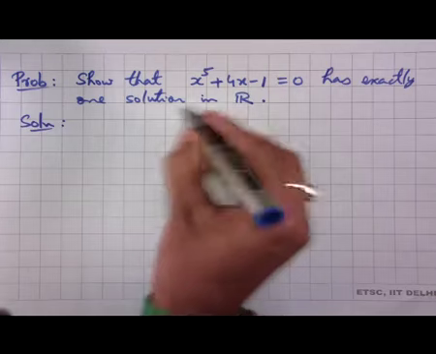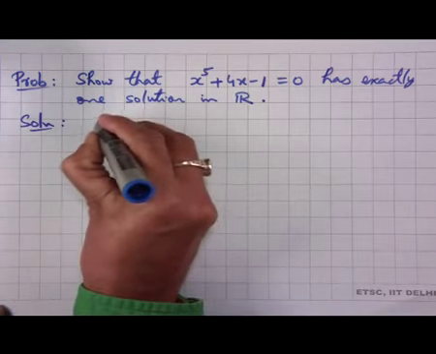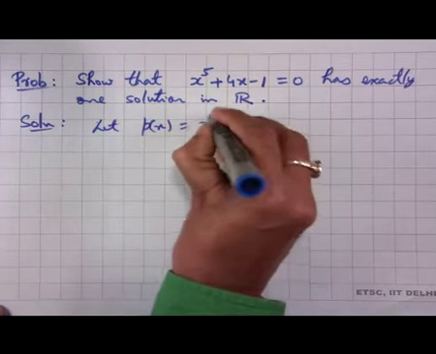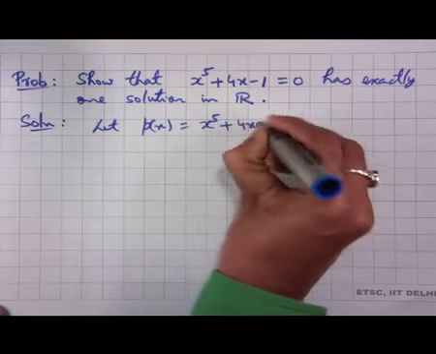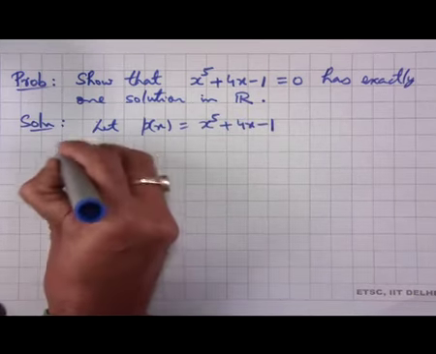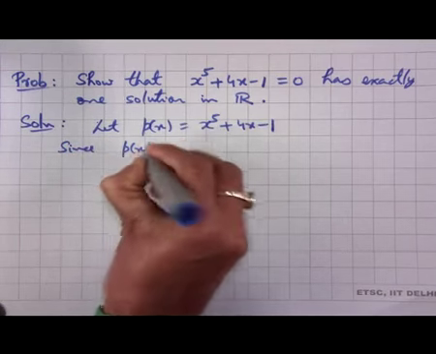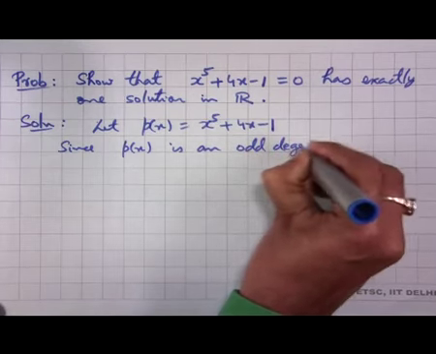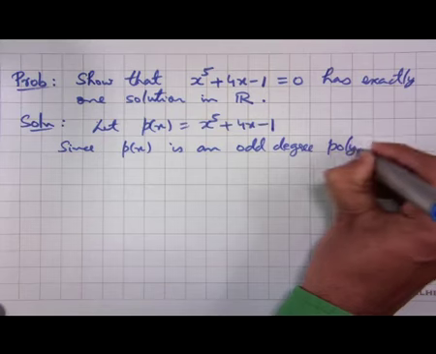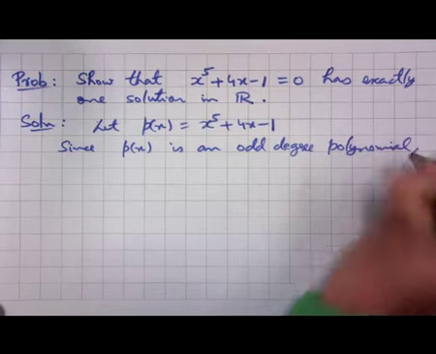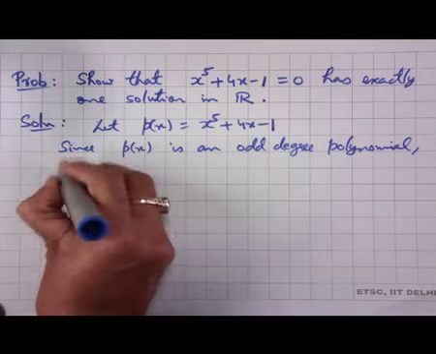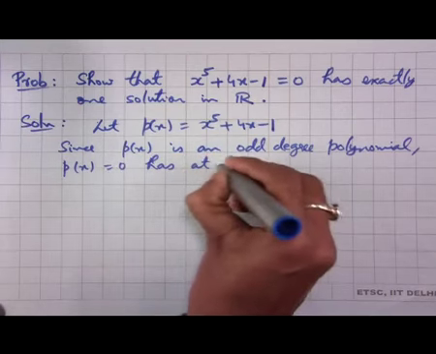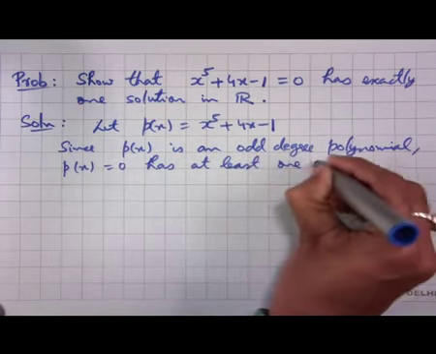So, first of all, let P of x be this polynomial x to the 5 plus 4 x minus 1. Since P of x is an odd degree polynomial, P of x equal to 0 has at least one solution.